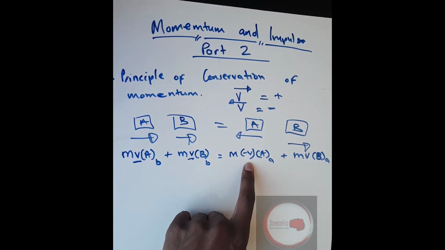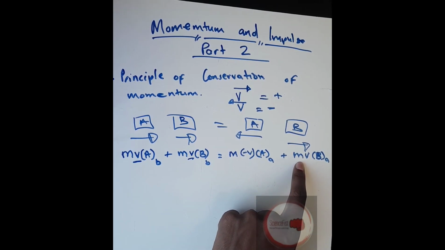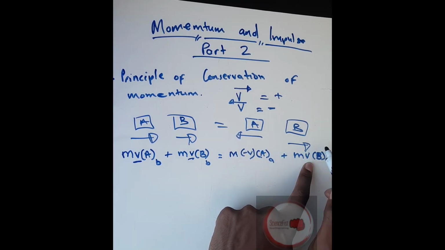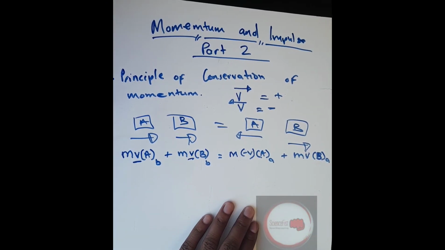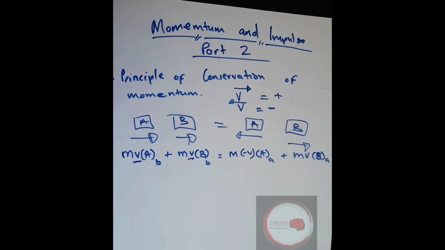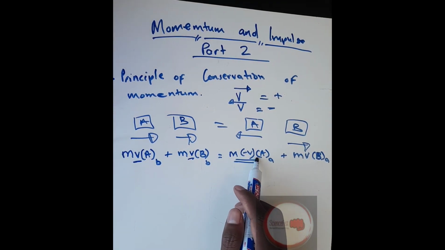Okay, plus mv, this is going to the right, so it remains positive. I just leave it like that. Okay, so then when you're calculating this velocity, you know that this is negative.